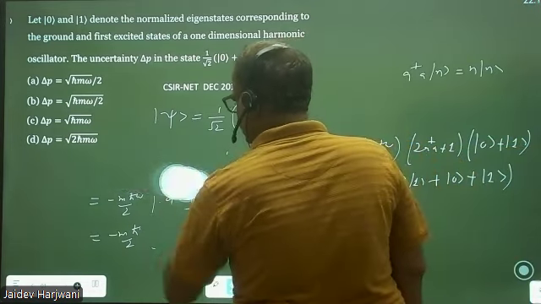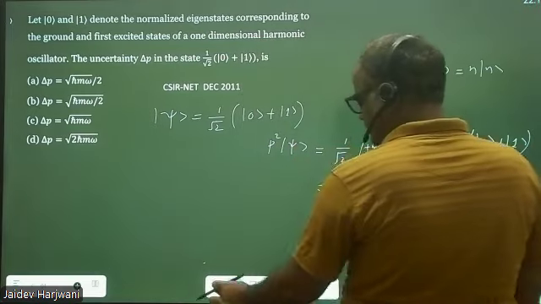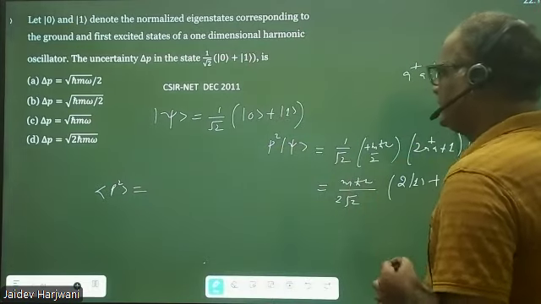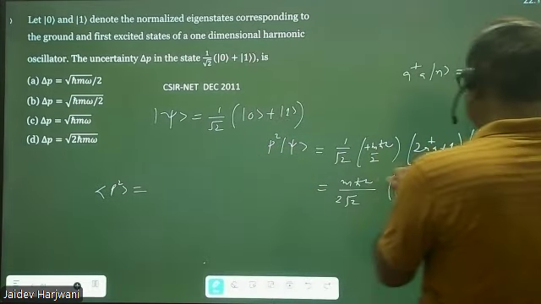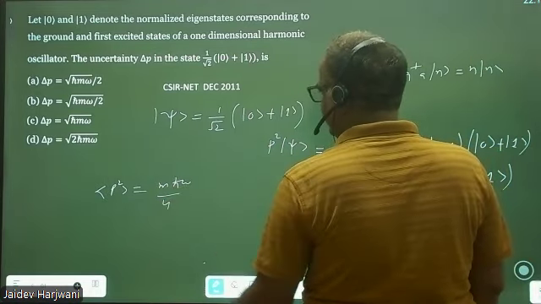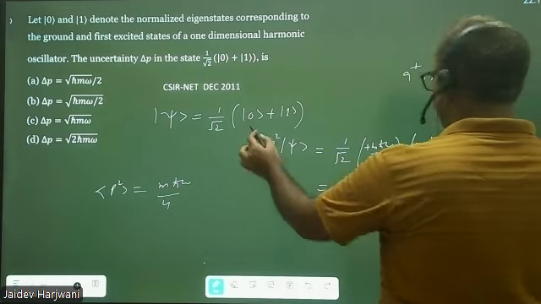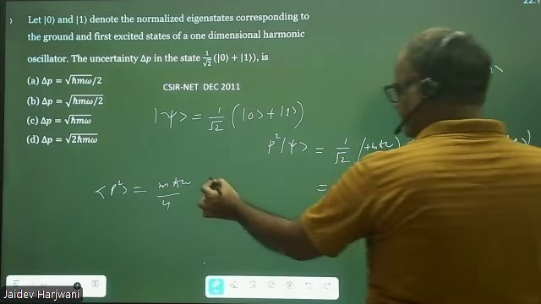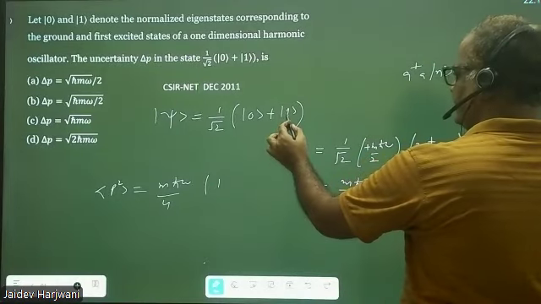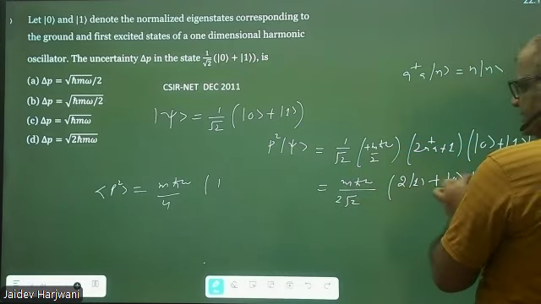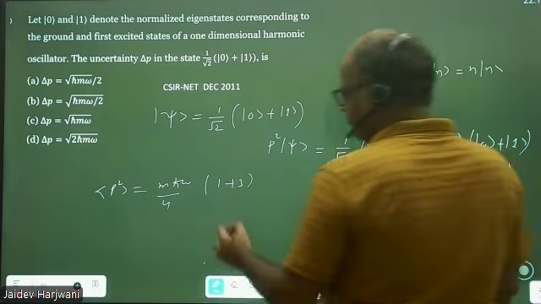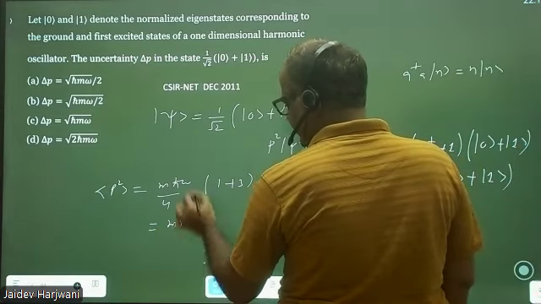Now we can find the expectation value. The expectation value of p square will become m h cut omega by 4, and then 0 multiplies the first term giving 1, and the second gives 2 plus 3, so 4 cancels, and you get m h cut omega.